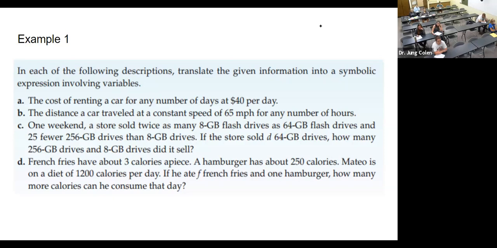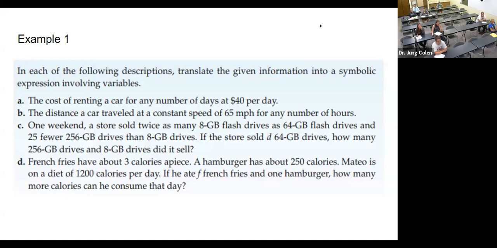How about this? The distance a car traveled at a constant speed of 65 miles per hour for any number of hours. So let's put some numbers for us to understand that better. If we travel for 1 hour at 65 miles per hour, how many miles can we go?